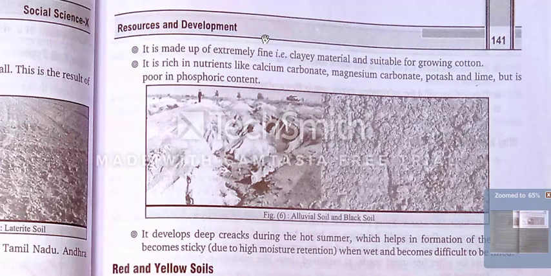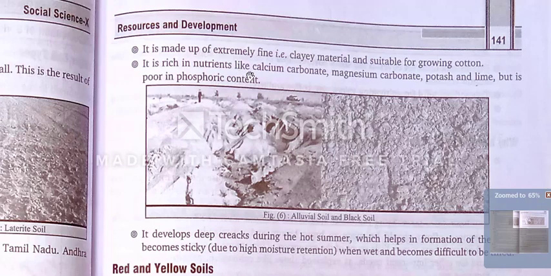Fine material means most small particles of clay materials. Clay means soil. Material and suitable for growing cotton. So that's why it's called cotton soil.